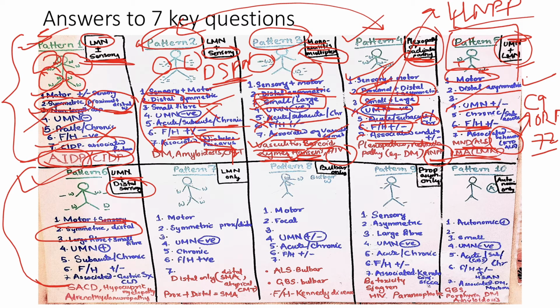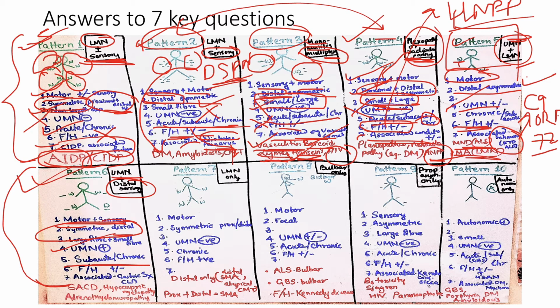He had motor plus sensory first in the history, then he had symmetric, distal involvement, distal neuropathy, distal weakness was also there, and ankle jerks were absent, so that again is distal. Then UMN signs were positive because the plantar was extensor, and it was chronic.